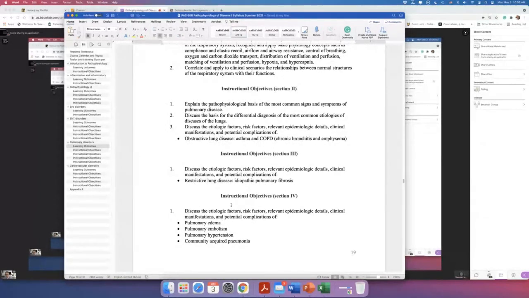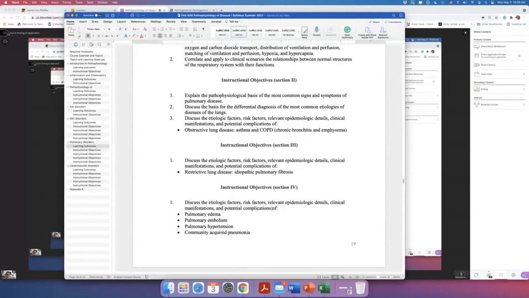About every disease, we are going to talk about the etiology, some relevant risk factors, epidemiologic details, different manifestations, signs, symptoms, and the potential complications. Notice that in pathophysiology, we don't cover, at least not in much detail, the aspects of diagnosis and management.